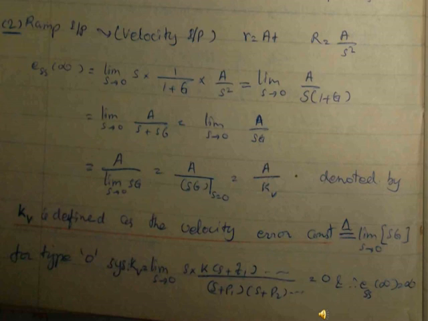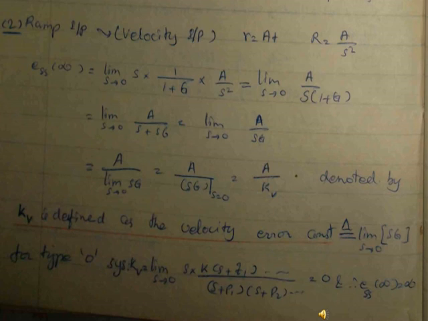The equation is the limit as S approaches 0 of S multiply 1 divided by 1 plus G multiply A divided by S squared. So we continue: the limit as S approaches 0 of A divided by S multiply 1 plus G, which is A divided by S plus SG, so the limit is A divided by SG.